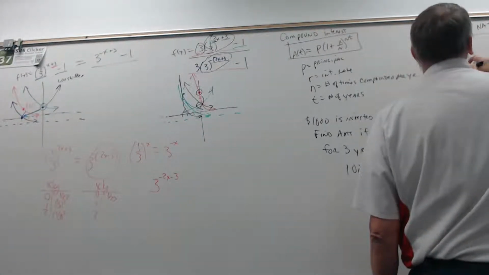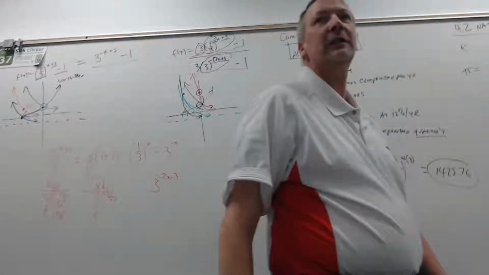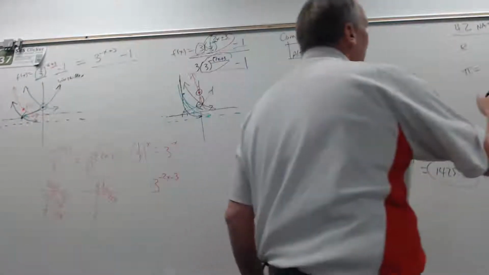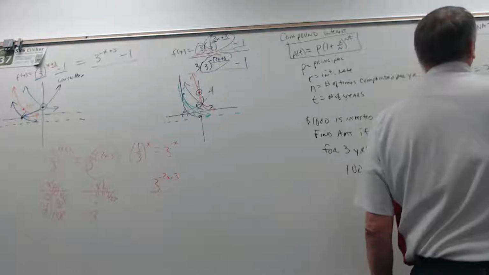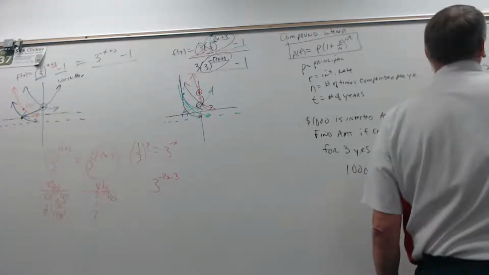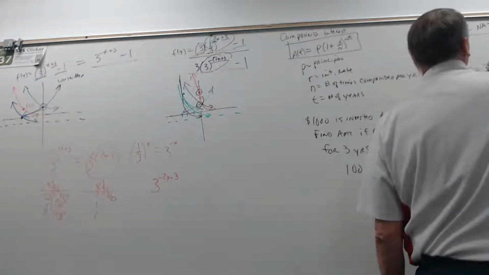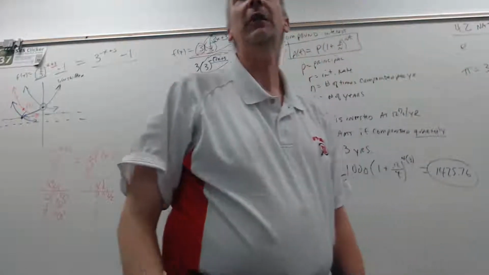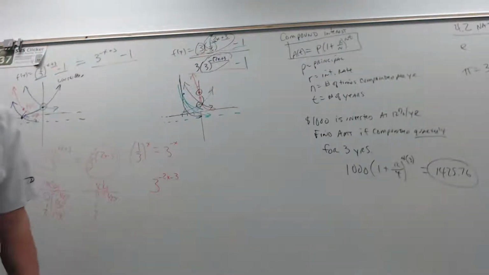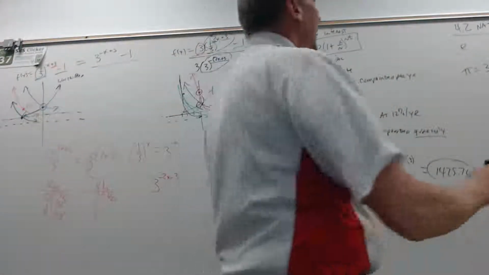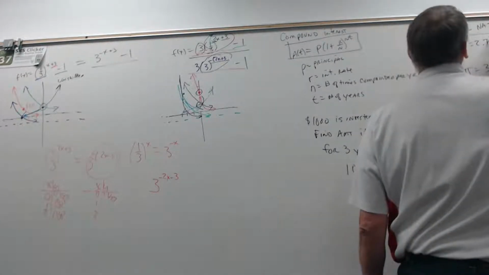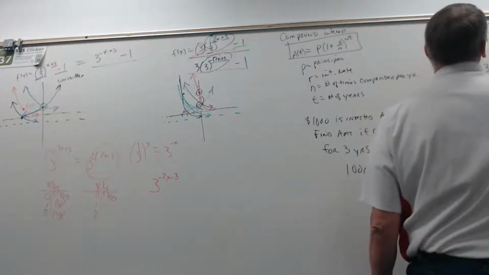You are all familiar with the number pi, correct? 3.14. E is an irrational number, just like pi, and the answer is 2.71828.